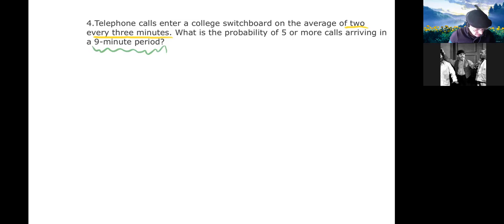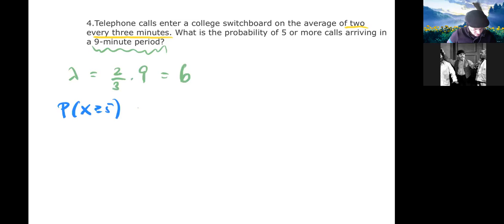Over a 9-minute period, you multiply by 9, giving 18 over 3, or 6. So lambda is 6. Then we have to compute the probability that 5 or more calls are coming in.